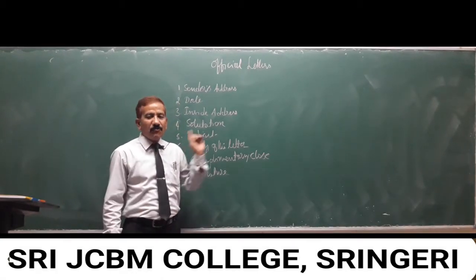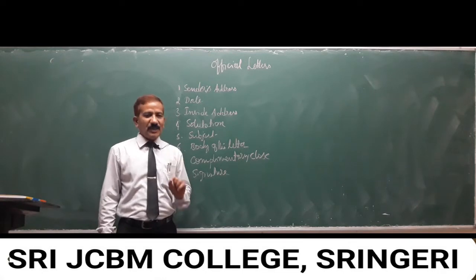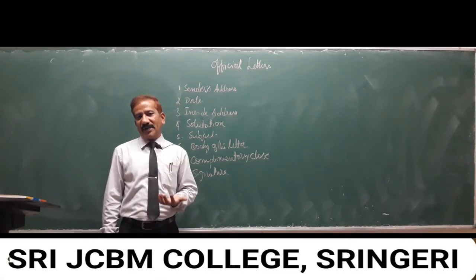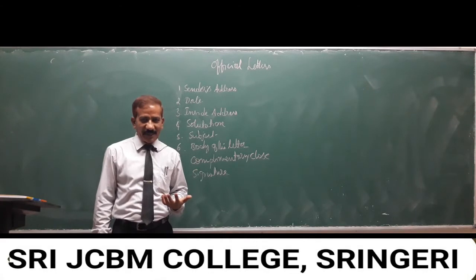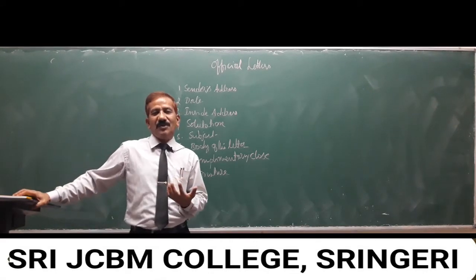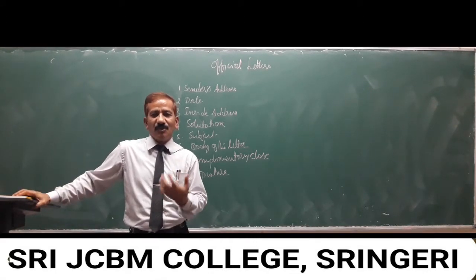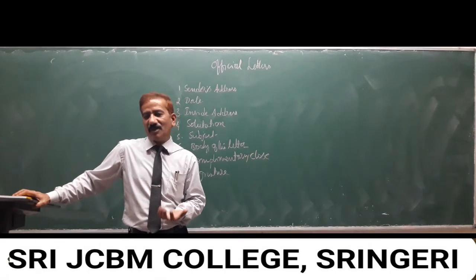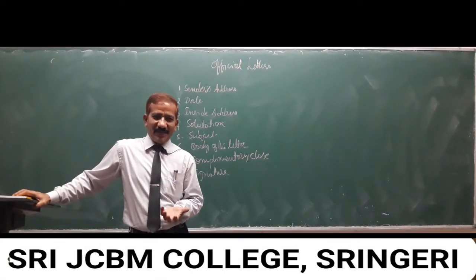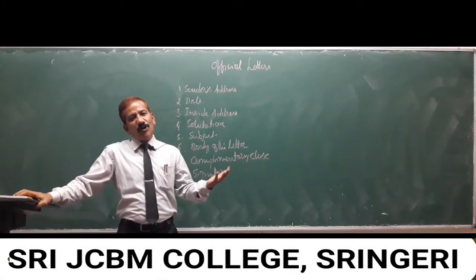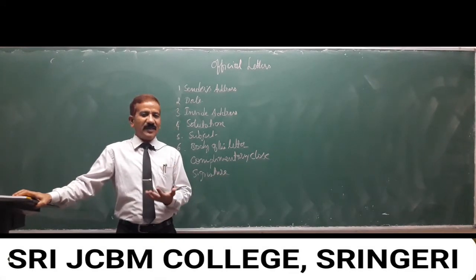Whereas an informal letter means writing to your kith and kin, your friends, your relatives, etc. That is why the language, and even the length of the letter, varies. For example, the language is very cordial, and you need not follow any kind of official etiquette.